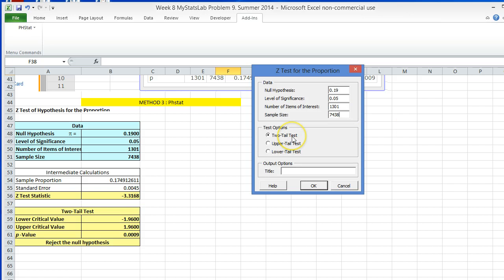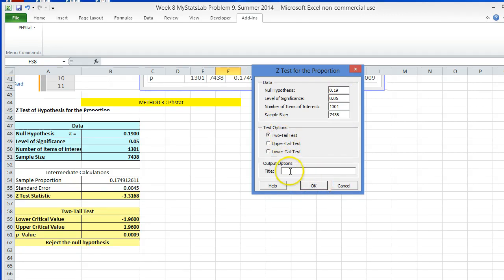And we are doing a two-tailed test because we're interested in if it's different than 0.19, which means it could be less than or greater than, and both of those would disprove the null hypothesis. So therefore we're looking for a two-tailed test.